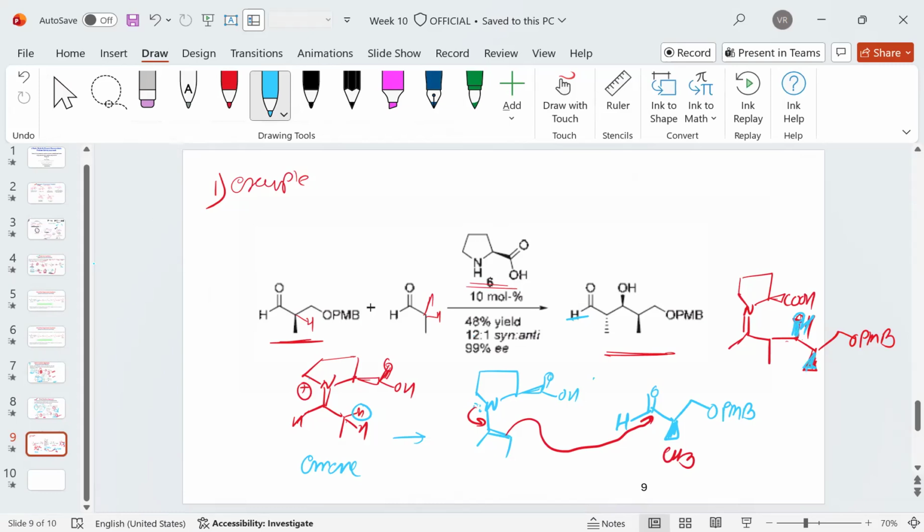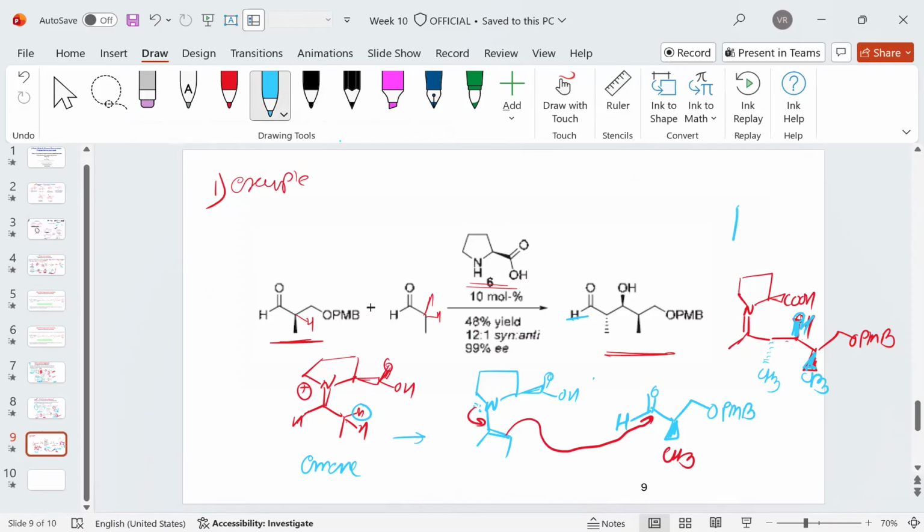This methyl was already at the beta position. Now this methyl will be anti to this hydroxy group, right? Because the attack takes place from the backside. So this is the product we get.